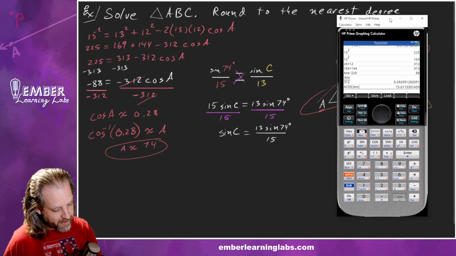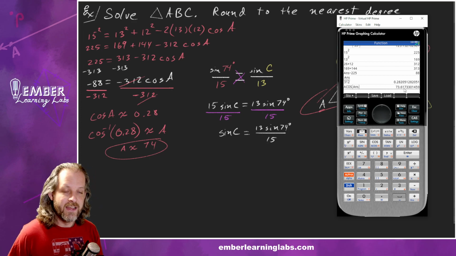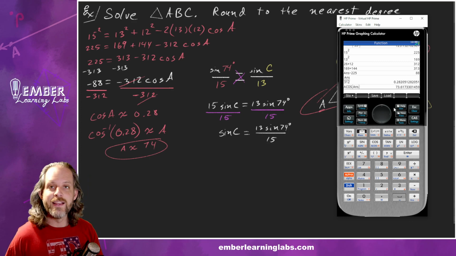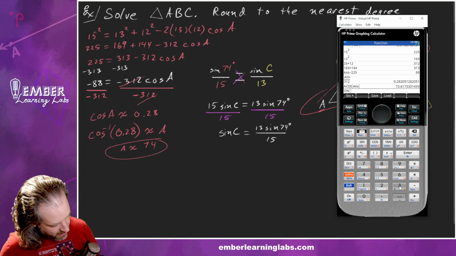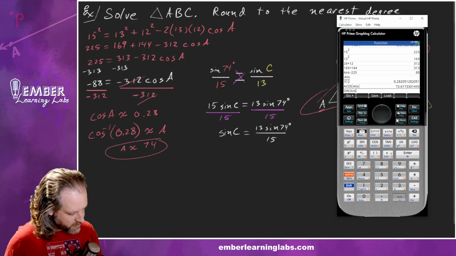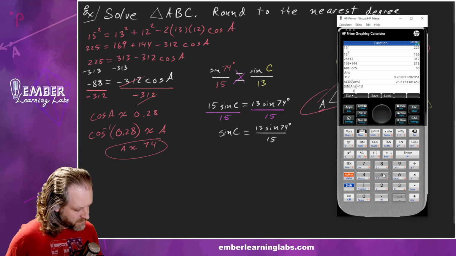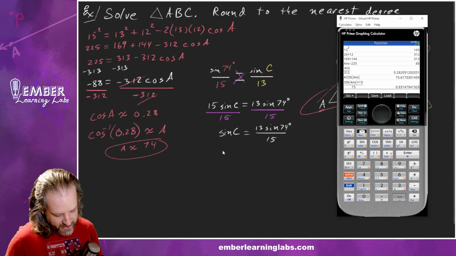So we're going to punch that in our calculator. I'm going to do it in a different order than I normally would, because I want to leave this less rounded. So I'm going to say the sine of the previous answer times 13 divided by 15 equals 0.83.